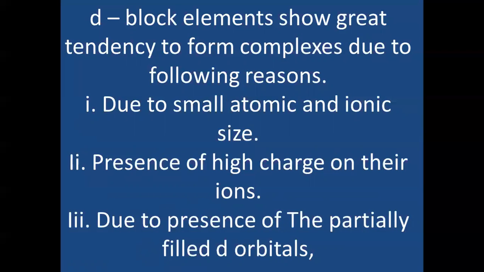Very few, like cadmium, zinc, etc., have completely filled d orbitals, whereas in other cases they are partially filled because 10 electrons are added one by one, first electron, second electron, like that, one by one. So many atoms or ions of d block are having partially filled d orbitals.